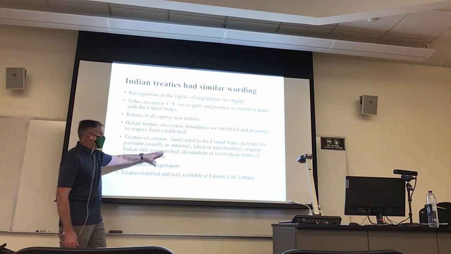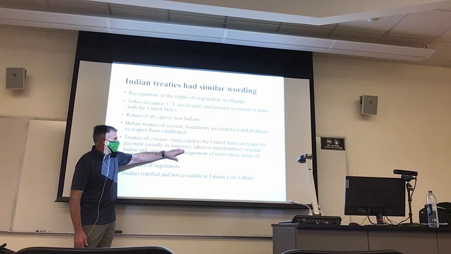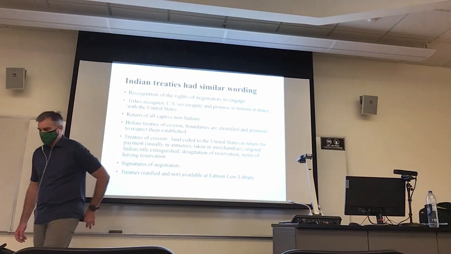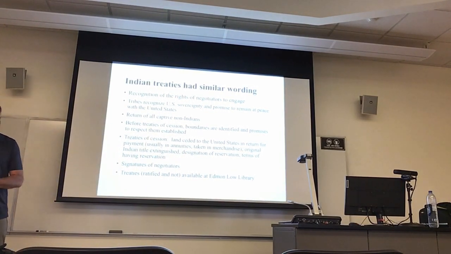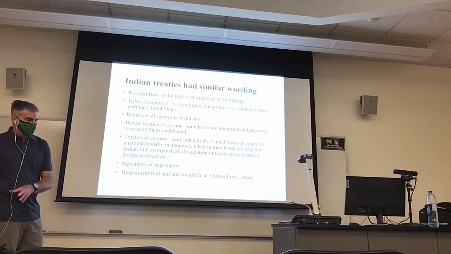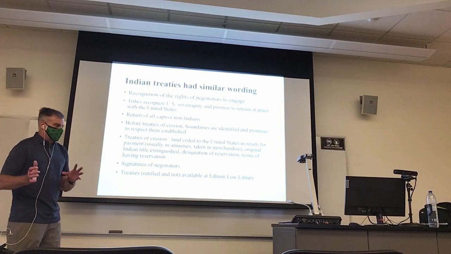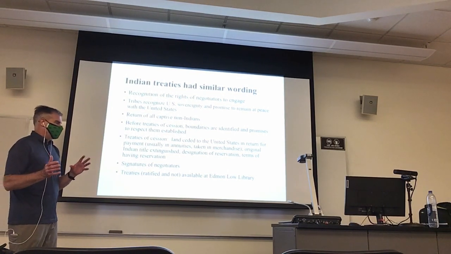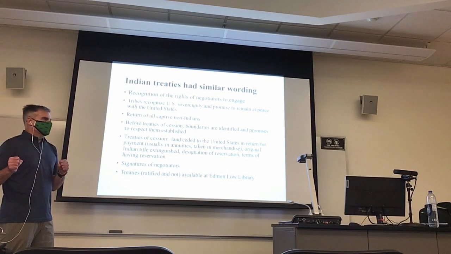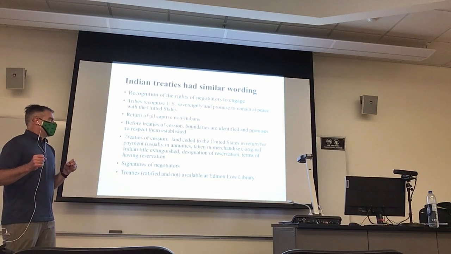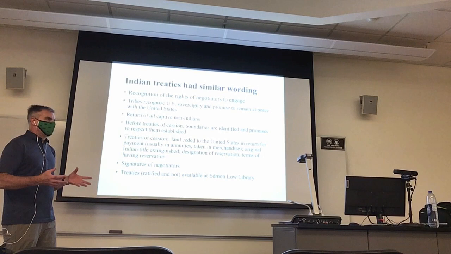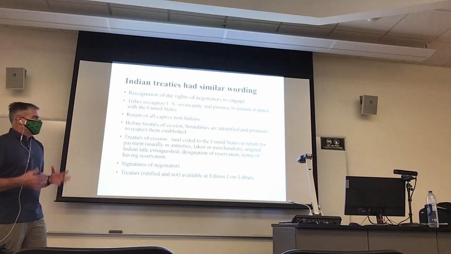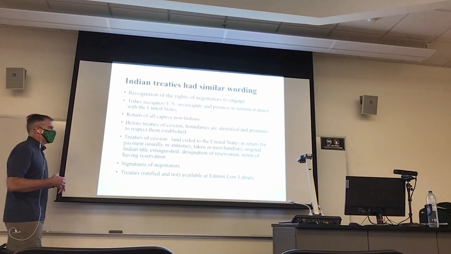Usually, however, there's going to be something referred to as annuities. That is, the United States promises in the treaty to supply a certain amount of merchandise or cattle or mostly dry goods and that sort of thing to the Indian tribe each year.